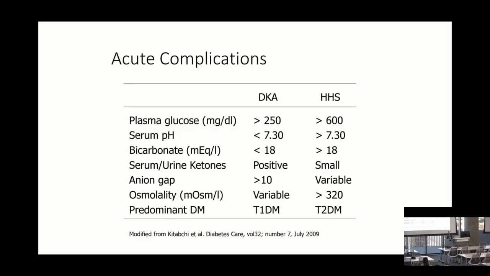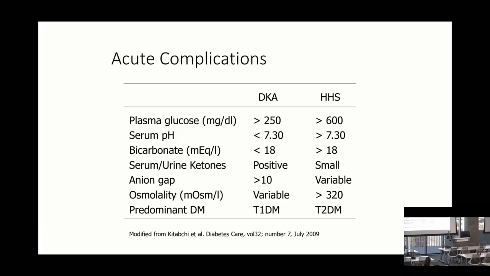Complications of diabetes. This applies to both type 1 and type 2 in some respect because hyperglycemia causes similar complications, but there are some differences. For example, when you talk about DKA and HHS, DKA is much more common in type 1, like we talked about. HHS is more common in type 2.